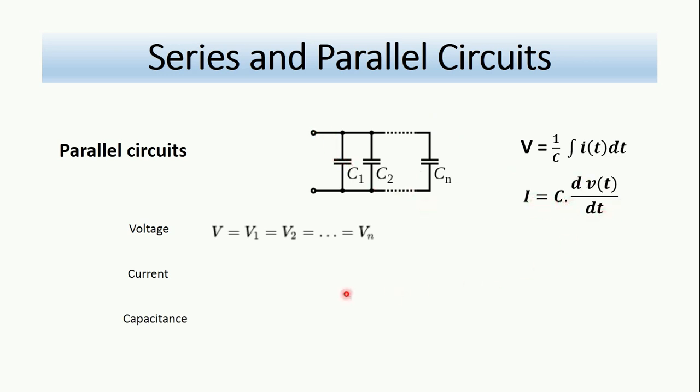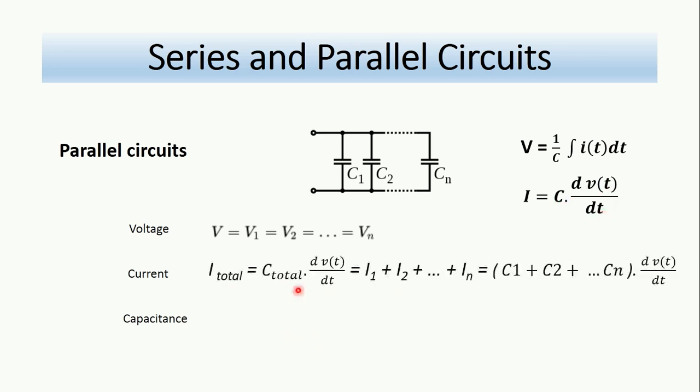Here we can see that I total is C total multiplied by the derivative of the voltage, which is equal to I1 plus I2 plus I3. This makes it the sufficient condition that we mentioned. And if we compare the two sides of the equation, we come to this formula that C total for the capacitors connected in parallel is simply like resistors connected in series.